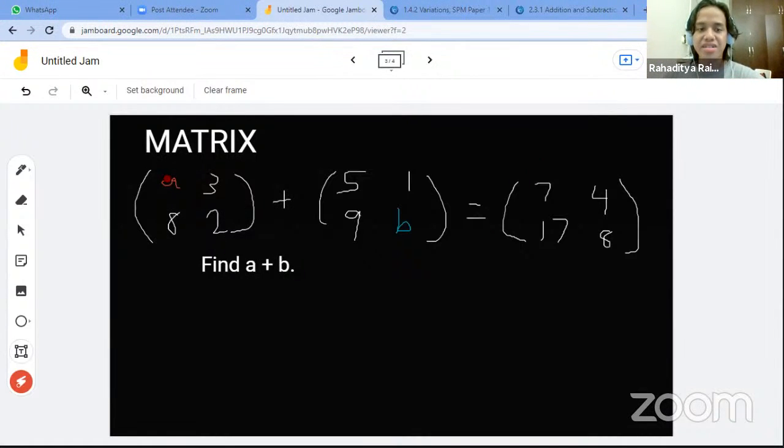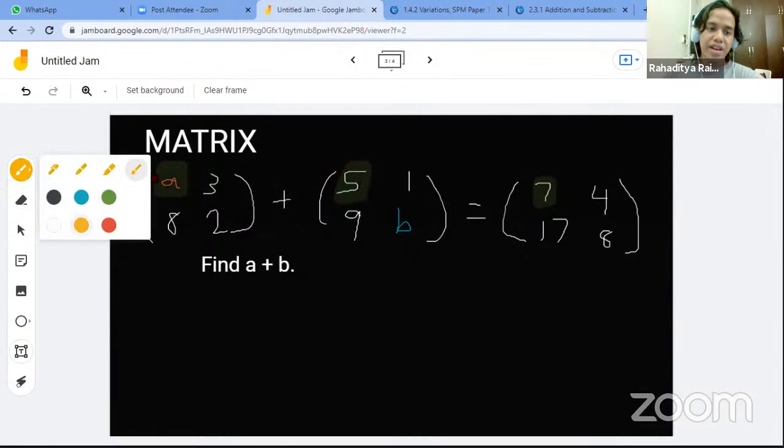Yes, thank you, Rachel. As a reminder to everyone, if you're unclear about how matrix addition works, the elements in the same spot, you must add them. They will be added up to find the final thing. So in this case, for example, you can see A plus 5 equals 7 because they're in the same spot in each of the matrices.